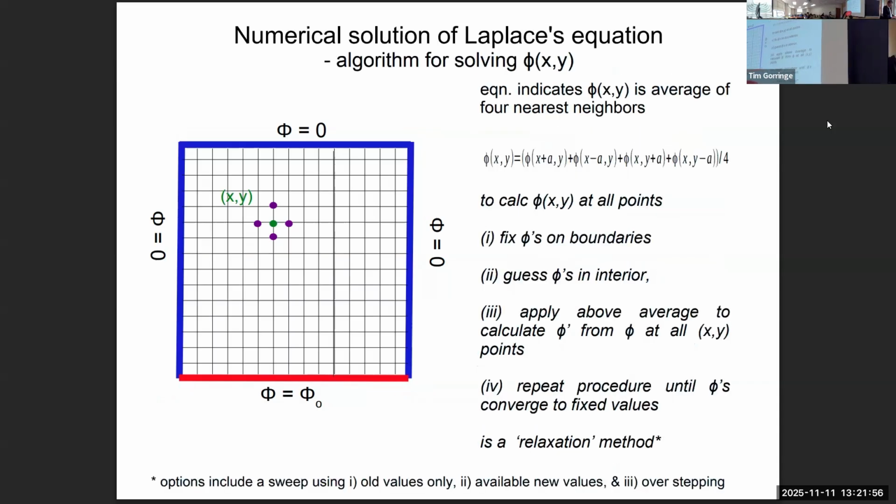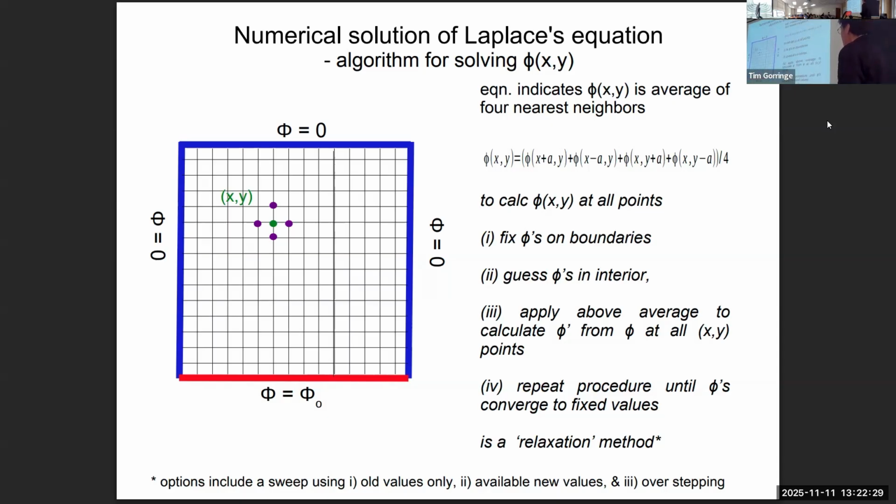Okay, so that's sort of a breakthrough point, which leads us to a way of solving for the potential at all the grid points in the region of interest. And so this slide takes that result for Laplace's equation as a difference equation, and says how we're going to use this to solve for the potential in this entire region of space here inside the boundaries.